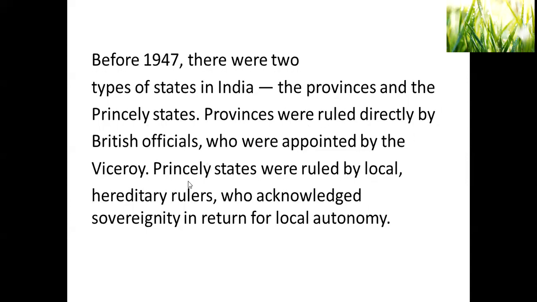Whereas for princely states, the British asked them whether they wanted to continue to rule their place, or join Pakistan, or join India. They were given choices. Many of the princely states said they would rule themselves, but slowly our Indian leaders made the princely states come and join the Indian Union.